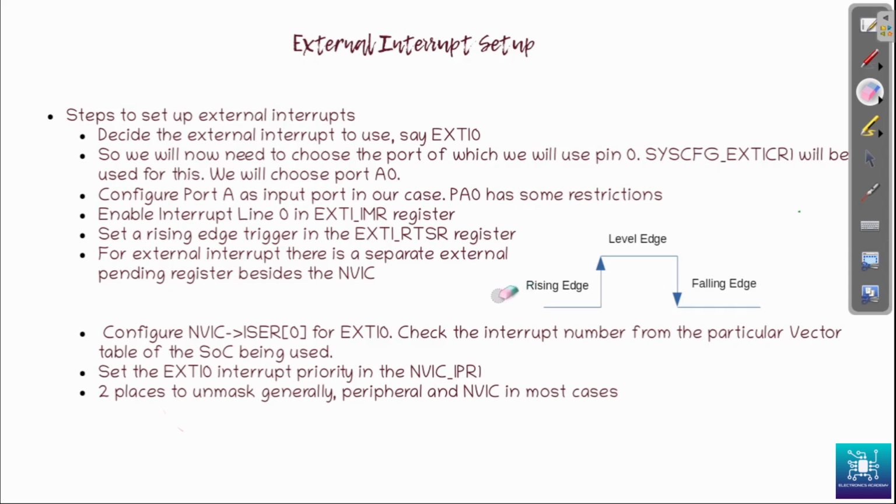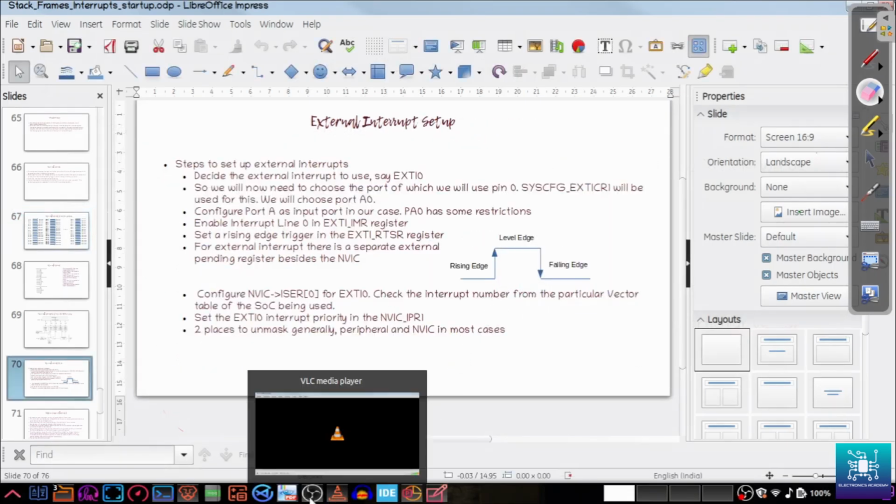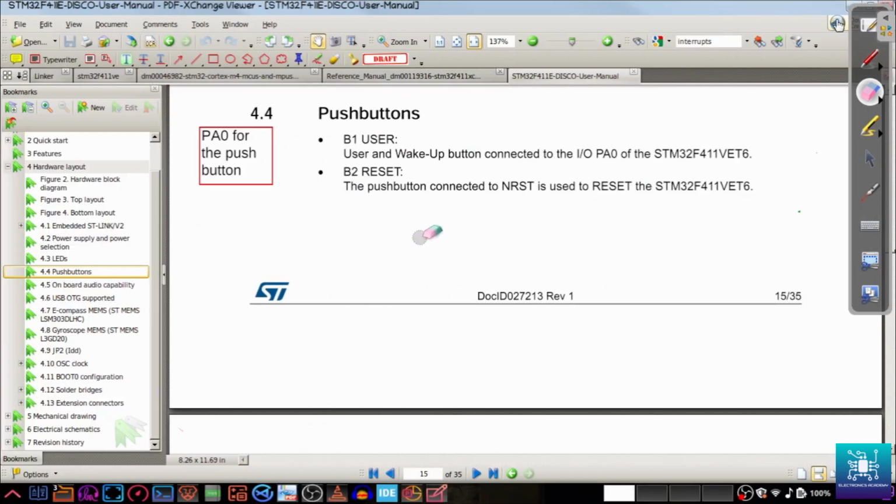So software trigger of interrupts we have seen before, so we are not going to deal with that here. So let's go to the reference manual now and check for the interrupt number first. Let's do that. So let's go to the reference manual.